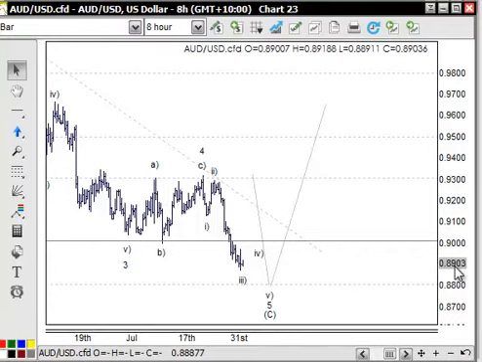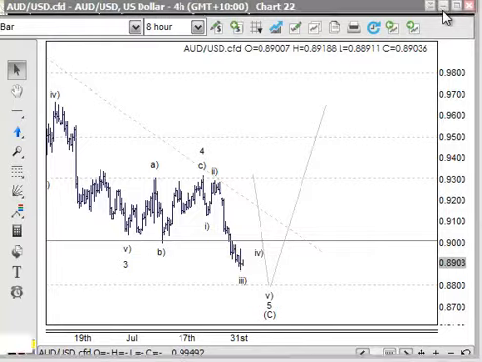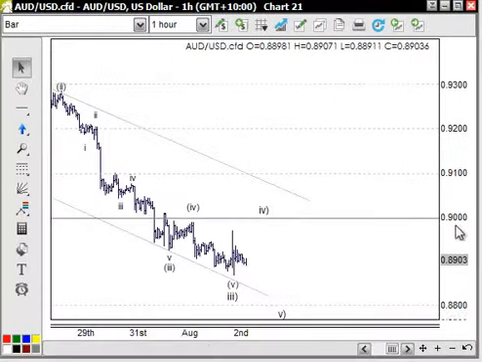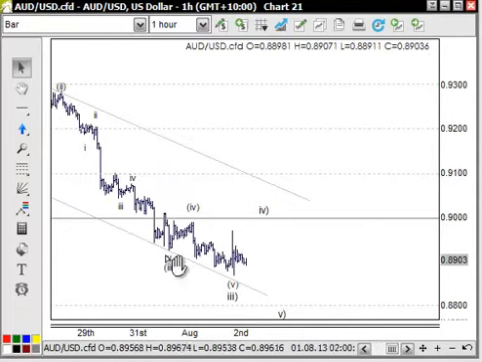So while it's above the 89, you can consider a possibility of the bounce of wave 4 being underway, but under the 89, well, then you've got to consider that the third wave is not complete yet. So just drilling down into this a little bit further through here, wave 3, wave 4, down to wave 5 here.